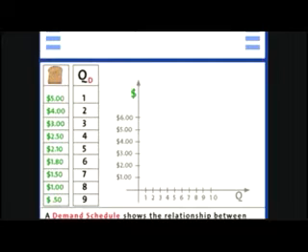So we'll start with the highest price of $5 per loaf and the quantity of bread one loaf demanded per week. So we go one loaf on the horizontal axis up to the price of $5 per loaf, and we can put a dot here representing that when the price of bread is $5 per loaf, this particular household will buy one loaf per week.